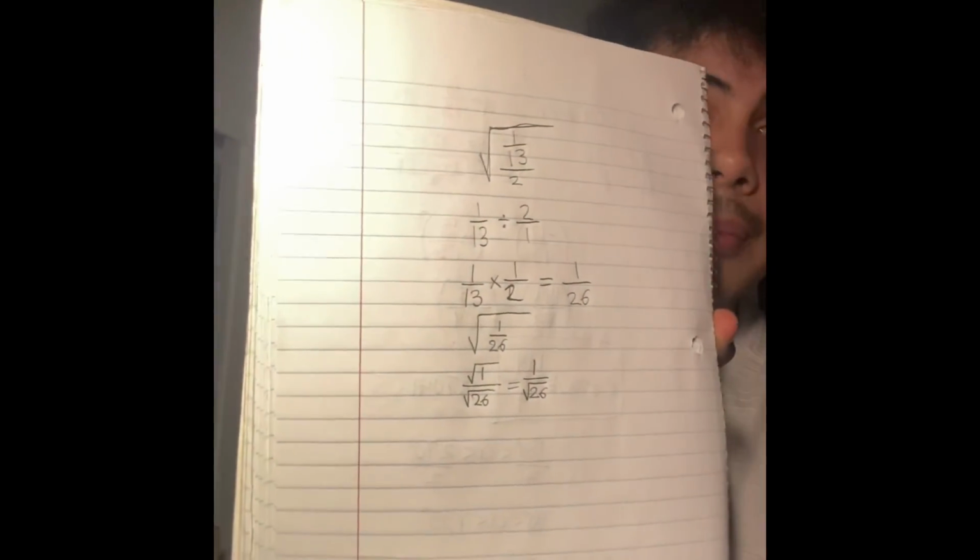So now we need to distribute the radical. So square root of 1 over square root of 26. Square root of 1 is just 1, and at the bottom you get square root of 26. And in order to rationalize the denominator, you would multiply by square root of 26 over square root of 26, and then what you would get is square root of 26 over 26.